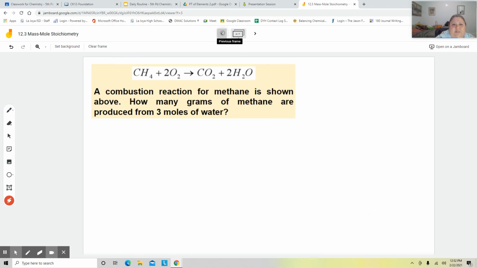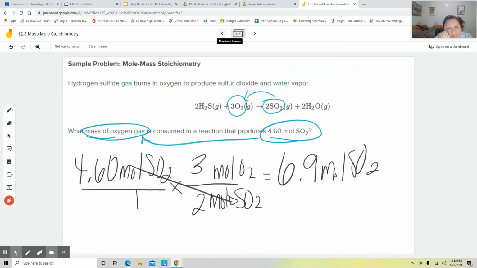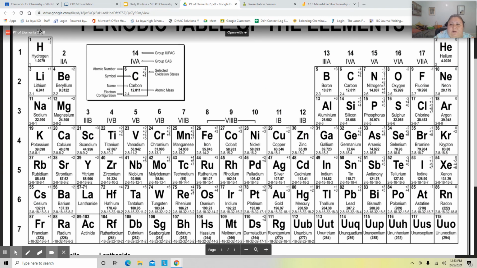All right, so let's go back to our sample problem. And we need to figure out, and it's not of SO2, it's of O2. We canceled out SO2. So then what do we need? We need the molar mass of oxygen. And you'll recall there's 2 oxygens, right? So 2 times the atomic mass of oxygen, which if we look it up on our periodic table, element number 8 is 16.